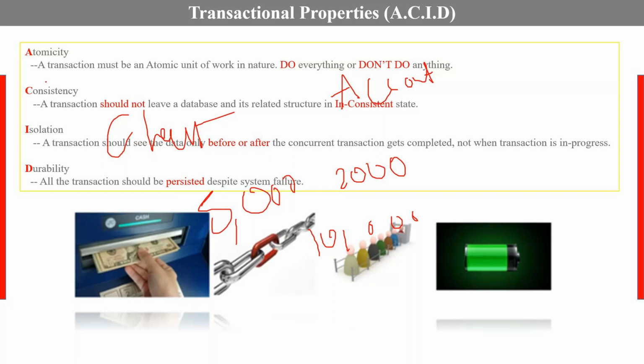On that salary, check greater than or equal to 10,000 means every employee working in that organization, the minimum salary should be 10,000. Assume you are creating one employee record.